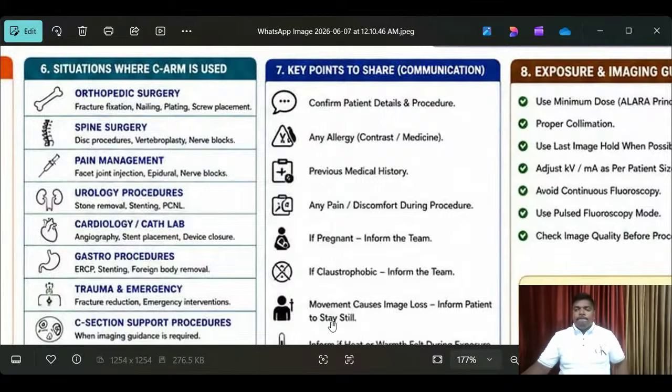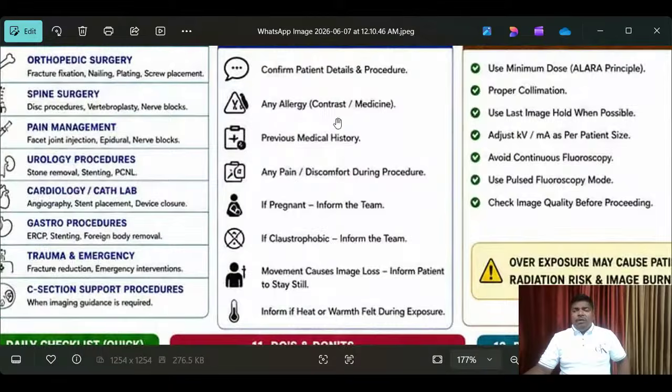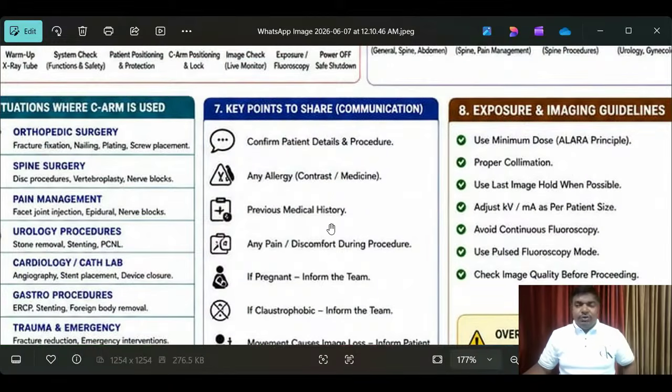Key points to share in communication: confirm patient details, procedure, any allergy, contrast, previous medical history, any pain or discomfort during. These are the common points every doctor will ask you. That is why before taking the treatment, the doctor asks many questions. That is the reason to know all these things and apply them in the functions.